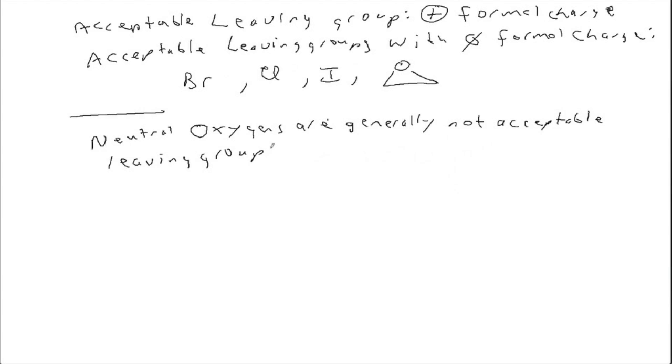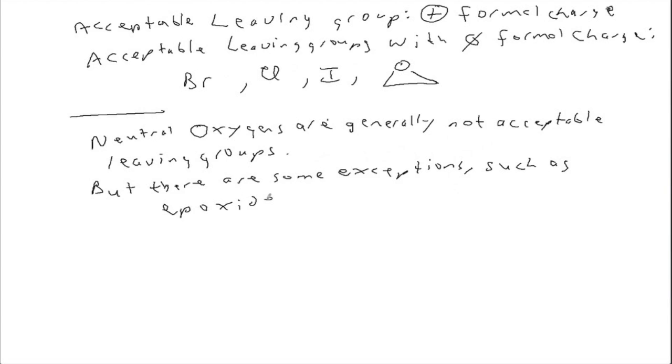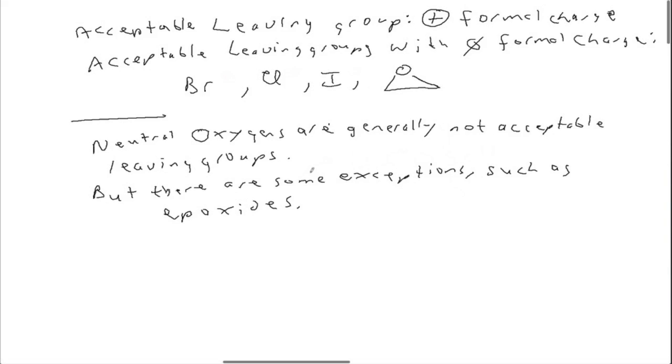That's very important to have memorized, although we also have to have memorized that there are some exceptions. And you learn more exceptions besides epoxides as you go through the second semester. Okay.